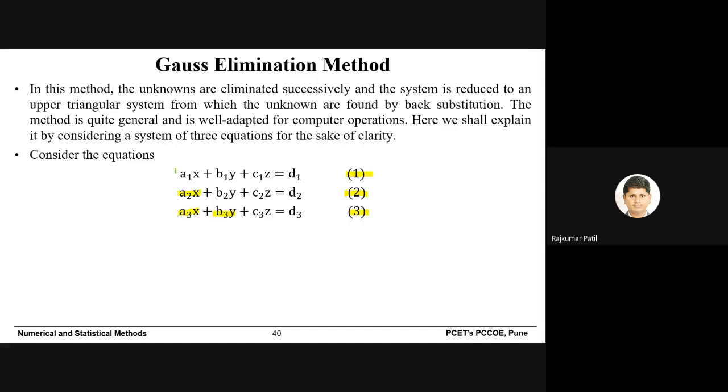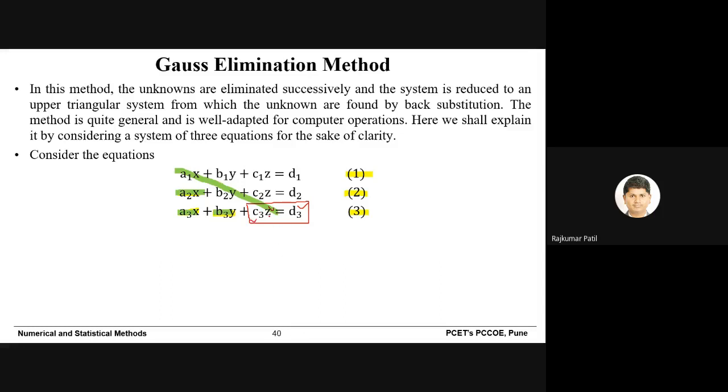So you can see that if this is the diagonal, then the terms below the diagonal are 0. So this is converted to an upper triangular system. And when you look at these modified equations, then from modified equation number 3, you can calculate z if d3 and t3 are given to you.